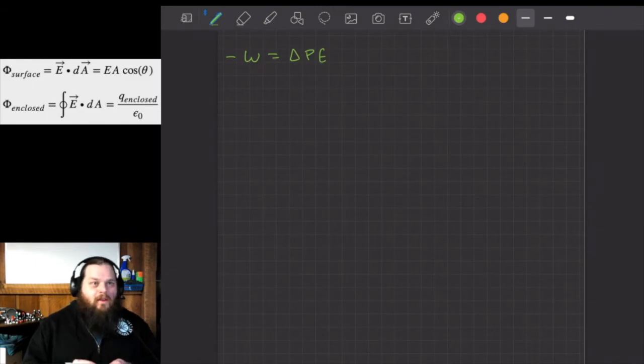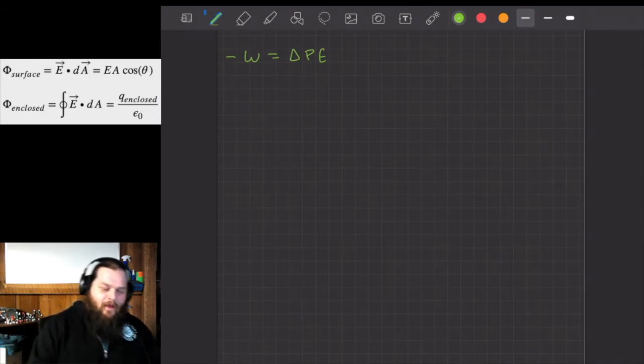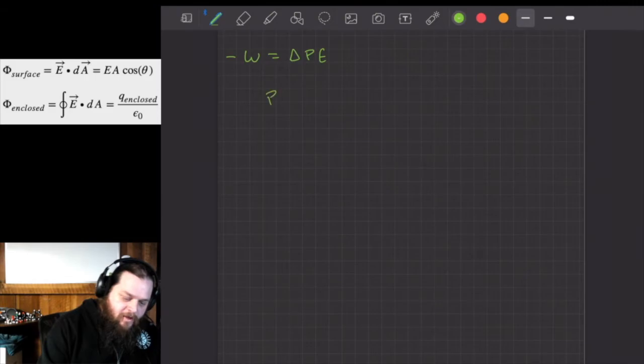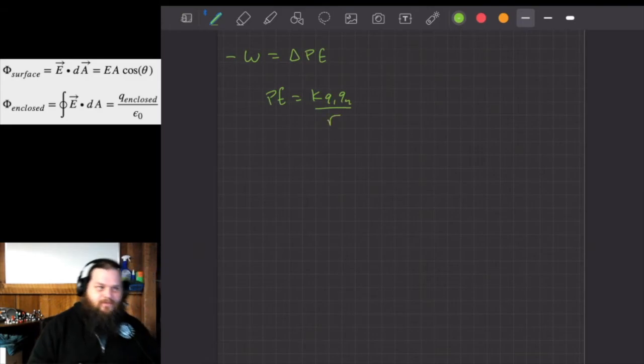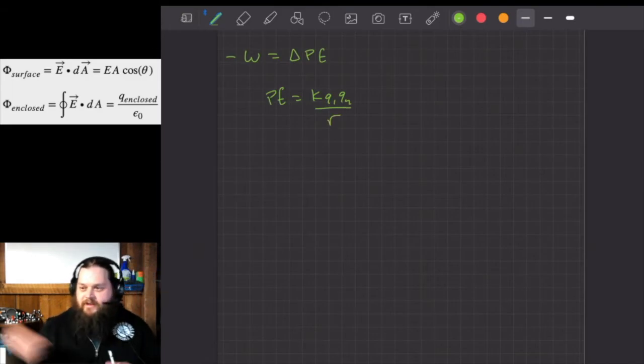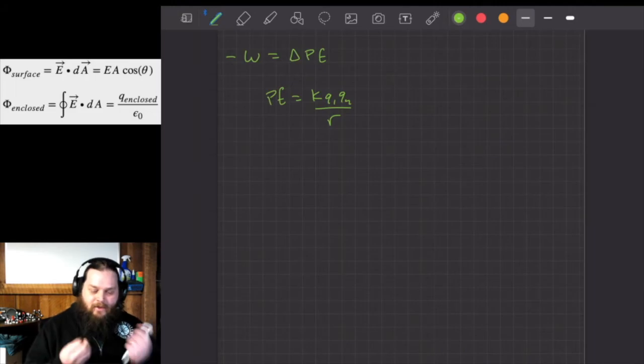So the work done to accelerate that charged particle from rest is positive, and it results in the potential energy, basically. And we can write that potential energy formula, PE equals Q1 Q2 over R. So the potential energy to move any particle in there is going to be relative to the other charged particles around it and the distance between those.